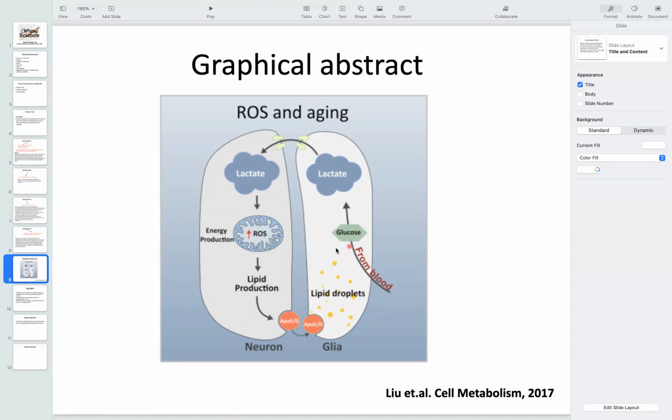I think in this paper they talked about transport of lactate and production of ROS and lipid in the neurons, and how glia basically contribute lactate to the neurons, and neurons produce lipid because of excess accumulation of ROS. So that is the finding in the paper. So this is called a graphical abstract.